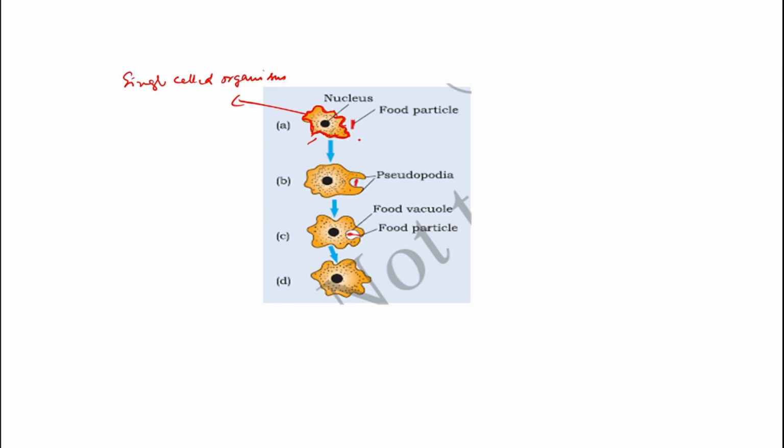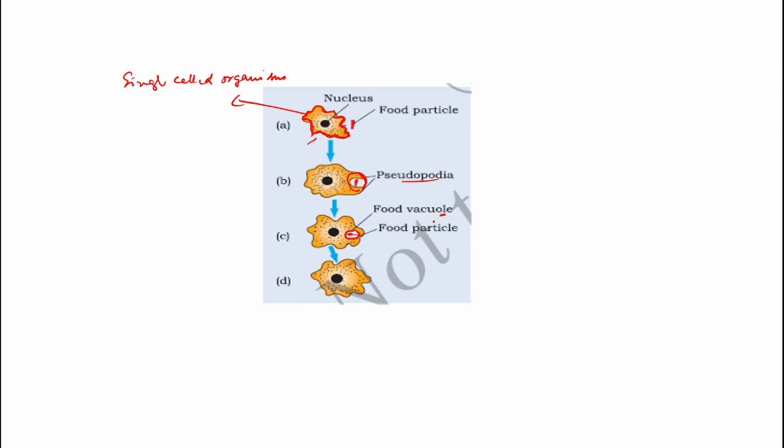Okay, that is called pseudopodia. Now it will cover. Once it enters the pseudopodia, this finger-like structure, it will close. Now see this portion, it has become a food vacuole. It is called a food vacuole. The food particle is there inside the food vacuole.